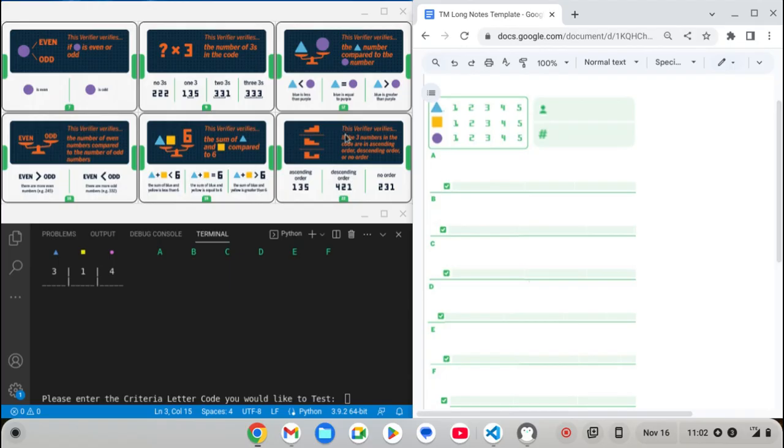And finally, criteria card F again takes a look at our 3-digit solution from triangle to square to circle, and will let us know a little bit about the ordering of the digits.